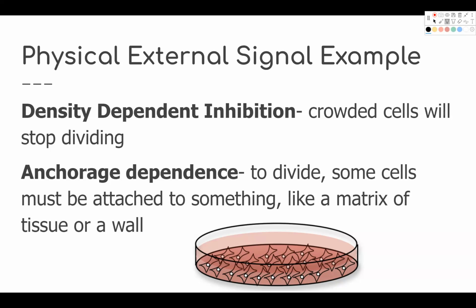So some cells have to have a secure anchoring point, whether that be some sort of extracellular matrix of tissue or a wall or something like that. That is why a lot of bacteria like to hang out on your teeth, because they are a strong wall of security. So these are some external factors that can affect the cell cycle.